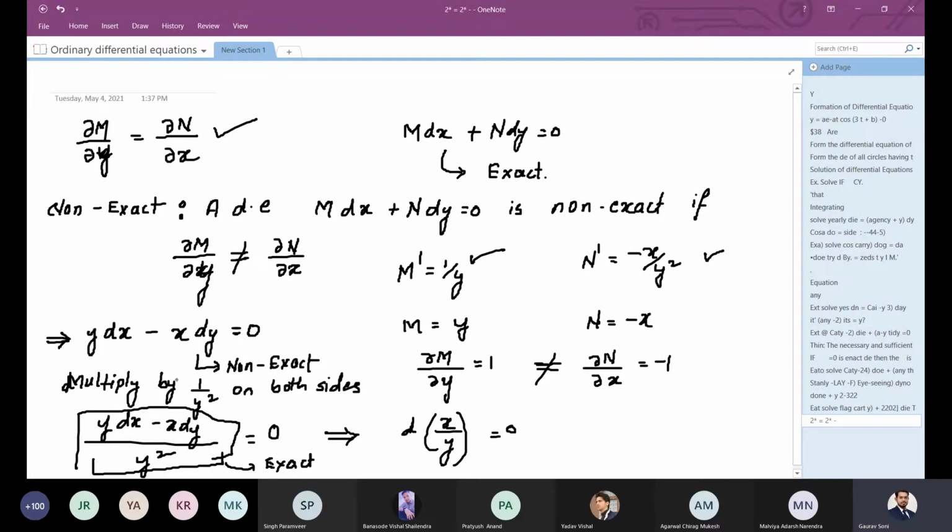So this is a factor by which you multiply and your differential equation converts to exact. This is called the integrating factor. A non-exact differential equation can be converted to an exact differential equation by multiplying by a function, and that function is called the integrating factor.